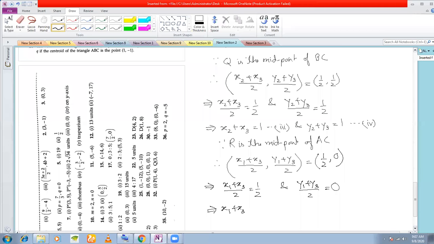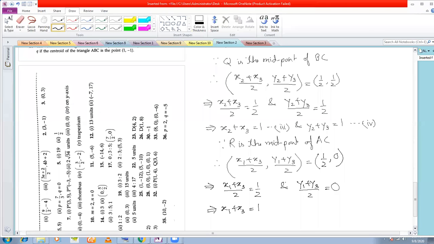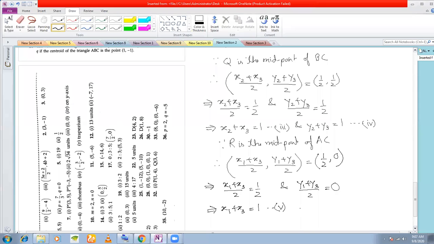That means x1 plus x3 is 1, and let's call this 5, and we get y1 plus y3 is equal to 0. Let's call this 6. So we're getting 6 equations.